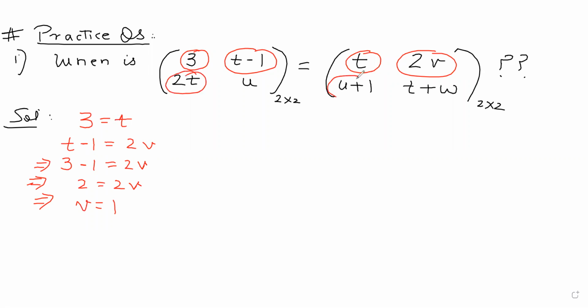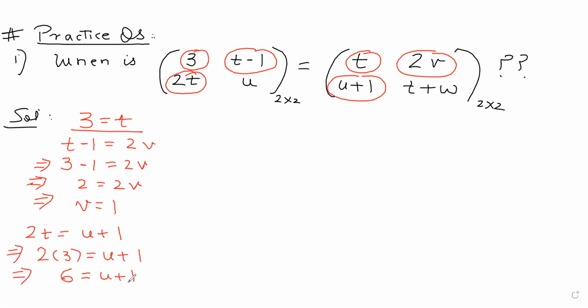2t should be equal to u plus 1, which implies what is t? 3. So 2 times 3 should be equal to u plus 1, which implies 6 should be equal to u plus 1, which implies u is 5. And then last thing, u should be equal to t plus w.